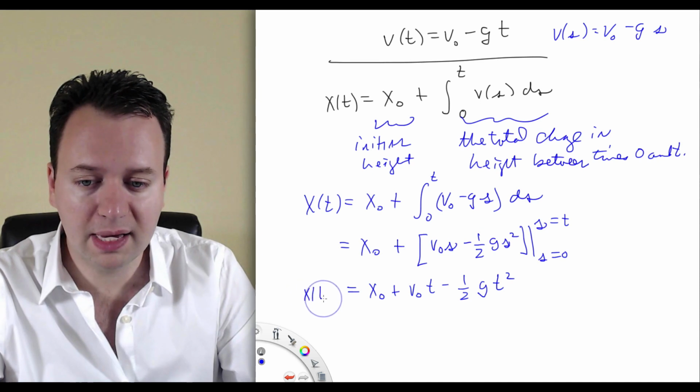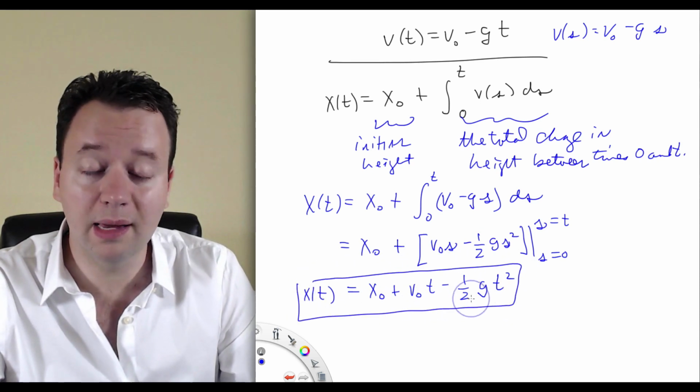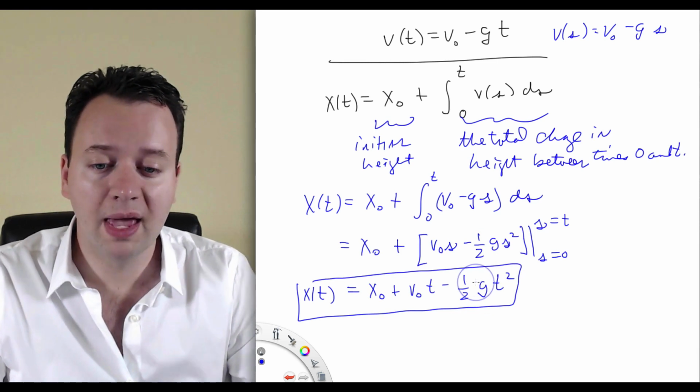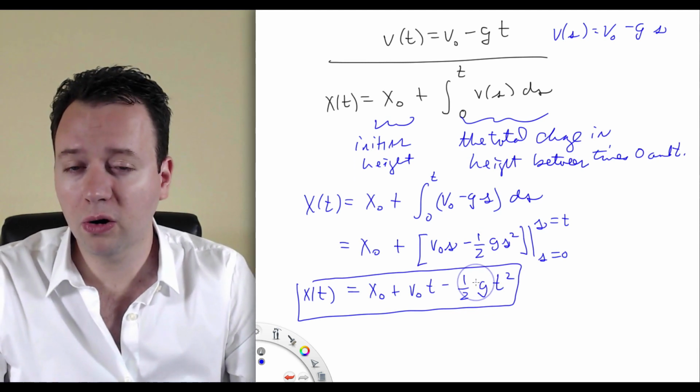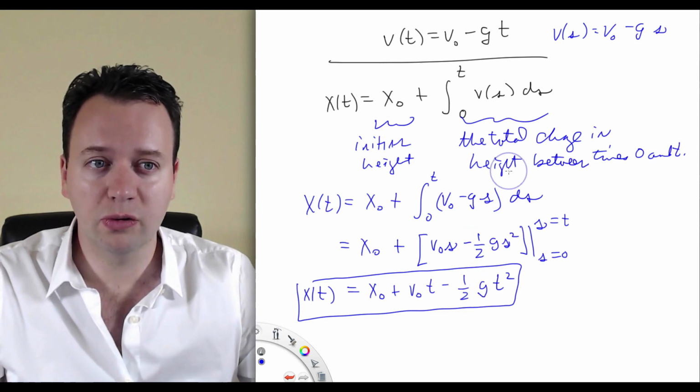So x of t is just equal to x sub 0 plus v sub 0t minus 1/2 gt squared. And that's the formula for the height of a particle as a function of time, as derived using the second fundamental theorem of calculus.